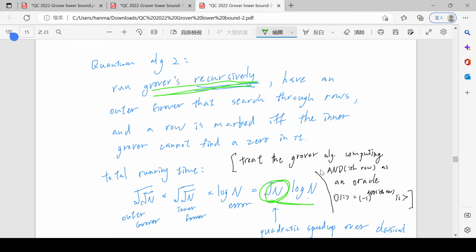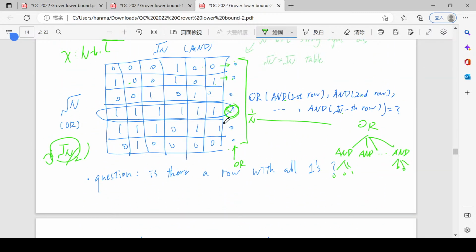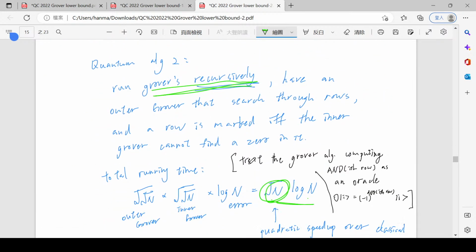I guess we don't write down the details, but the way to think about this is that you can run a Grover algorithm for computing this, and that's a quantum algorithm. You can think of that quantum algorithm as an oracle that you can feed into another quantum algorithm. With enough precision, you are running an algorithm that can do this.